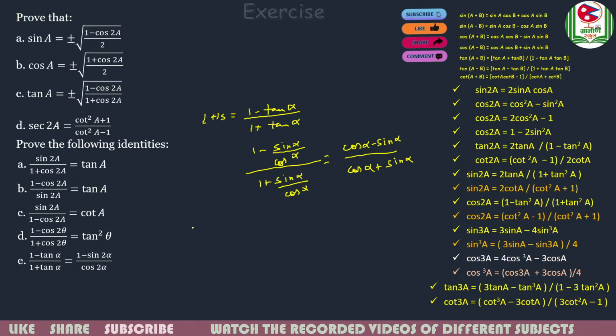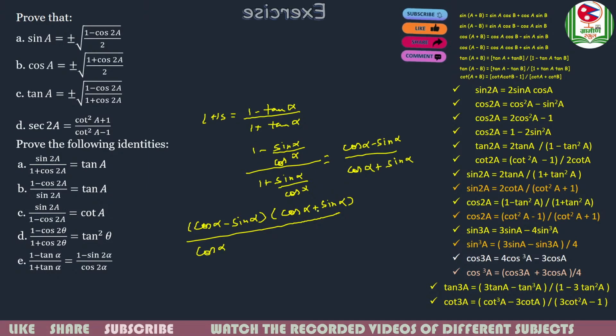So what we will do, we will rationalize, that is cos alpha minus sin alpha by cos alpha plus sin alpha, multiplied by cos alpha minus sin alpha over cos alpha minus sin alpha.